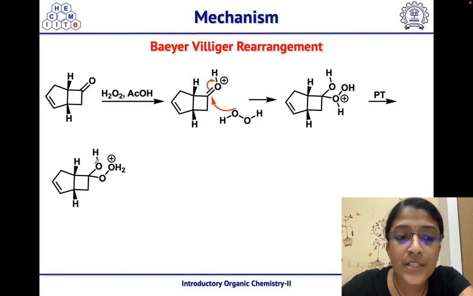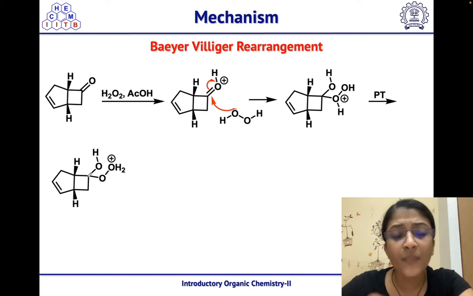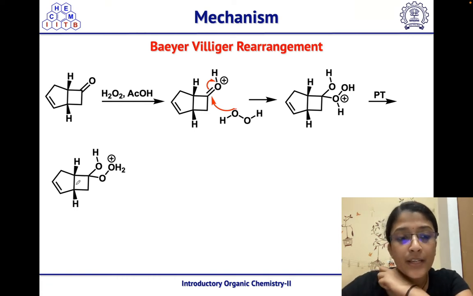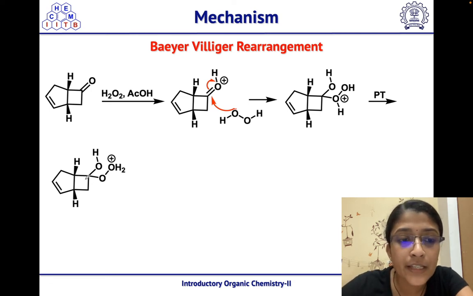Now what will take place? The lone pair of oxygen on this will fall down and one of the groups should migrate. Either this should migrate or this should migrate. Which is more likely to migrate, a tertiary carbon or a secondary carbon? According to Baeyer-Villiger rearrangement, which is more likely to migrate? Here, this is a tertiary carbon and this is a secondary carbon.